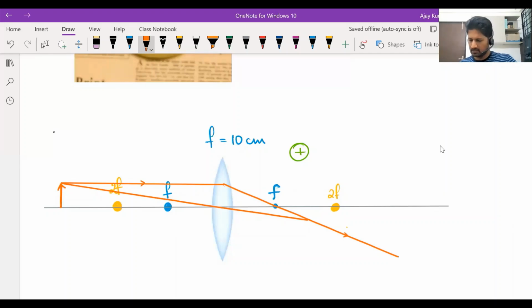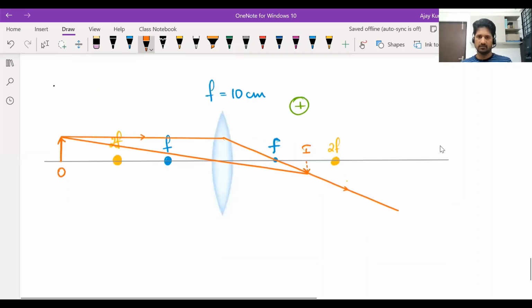They meet here. This is where the image forms. So if this is the object, this is the image. If the object is beyond 2F, the image forms between F and 2F, and you get an inverted image. And it's diminished also. It's real because refracted light is actually passing through the image position. So is this what we want a simple microscope to do? No.